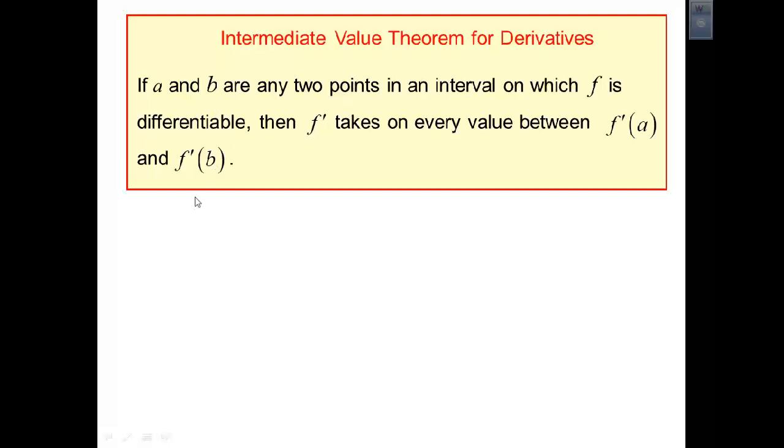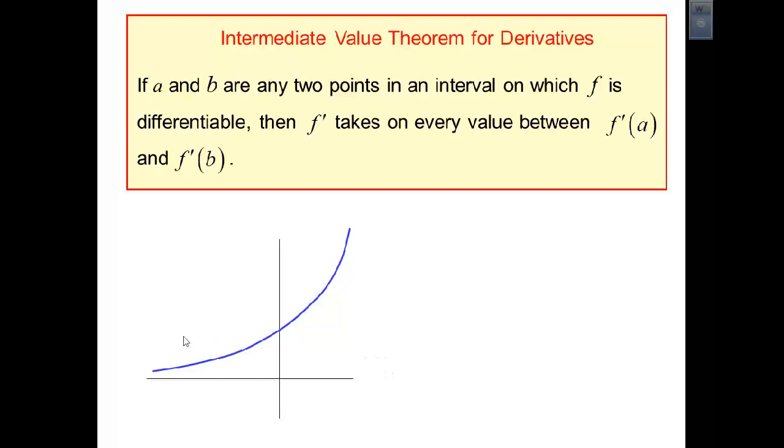So if we know that our function is differentiable and A and B are 2 points in that interval, then the slope at one end and the slope at the other end are going to sandwich what all the slopes inside are.